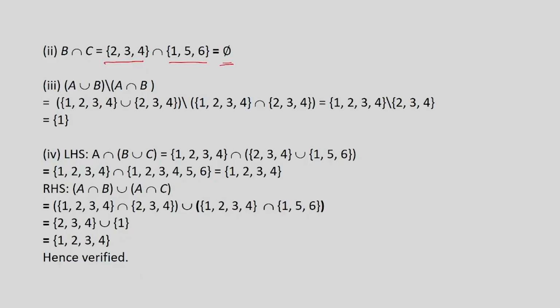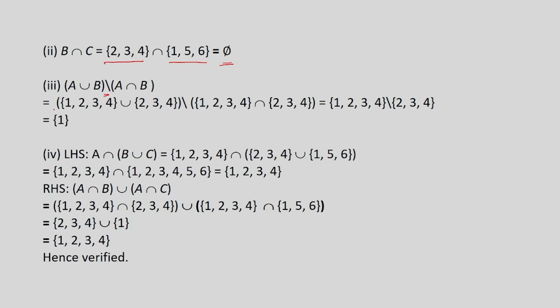The third is this, that we have to find out A union B, that is within the brackets, and this backward slash symbol basically denotes minus. So, backward slash within the brackets A intersection B. Okay.